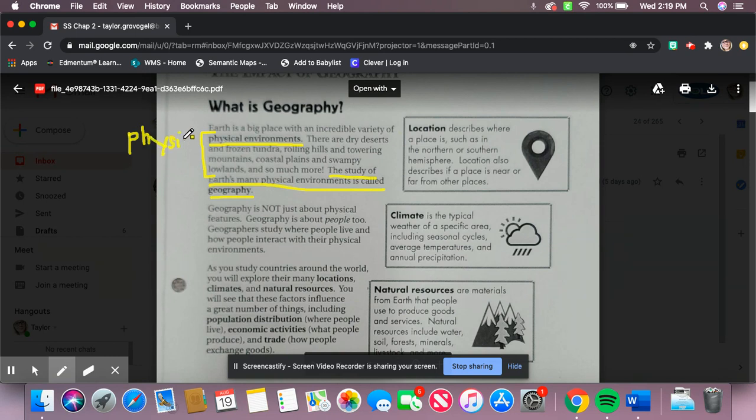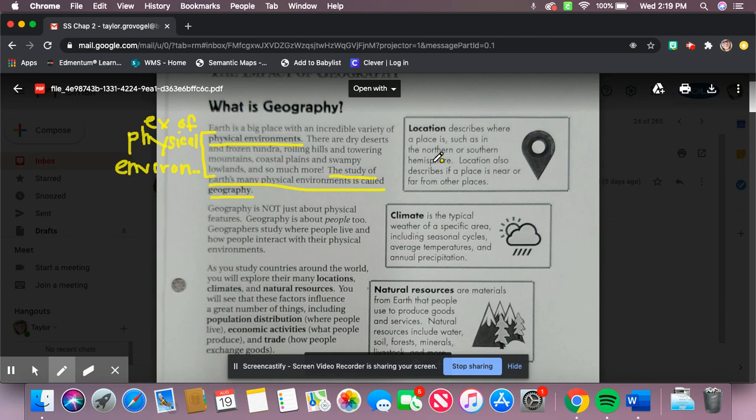Man, I'm really not good at using a mouse to write, guys. EX means example of physical environments. Mine's not going to fit, so you guys can write the whole word. Pause the video if you need time to write this out.